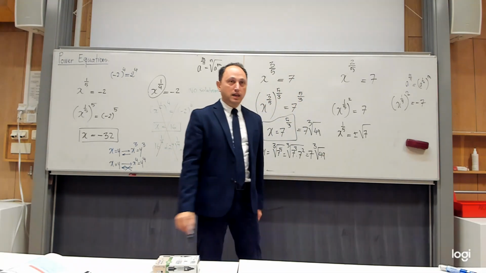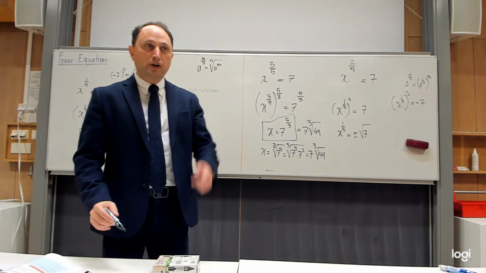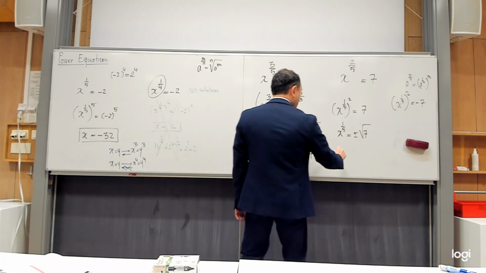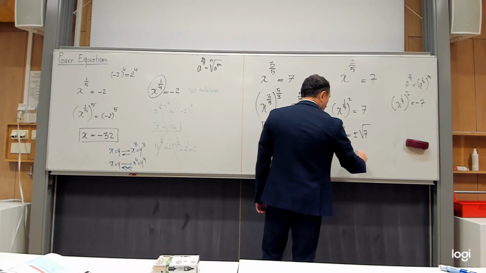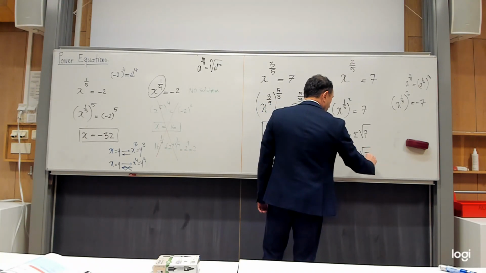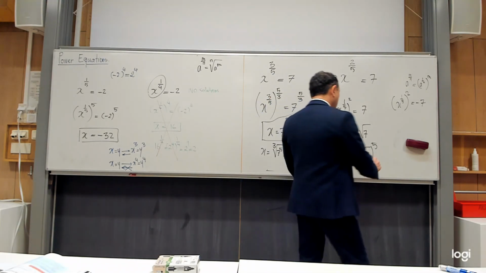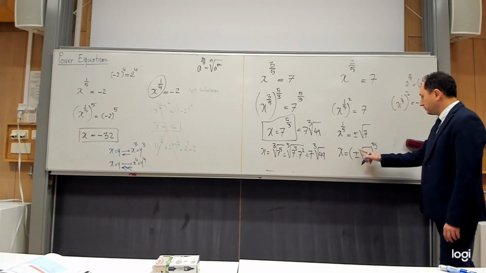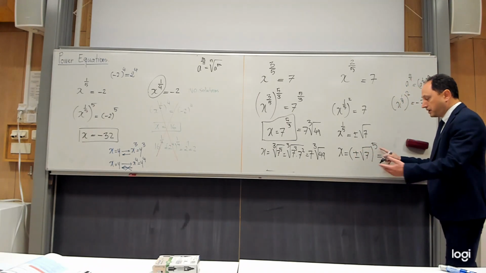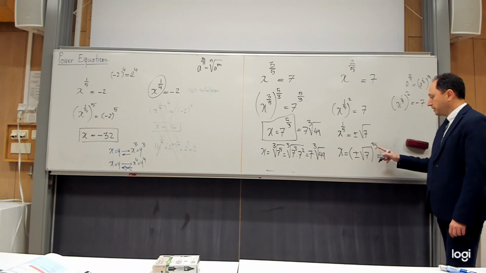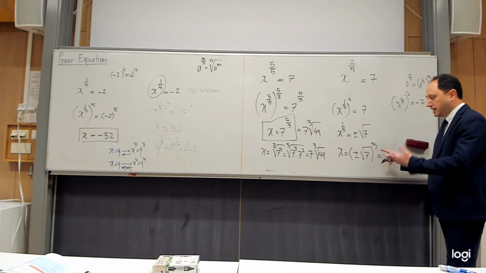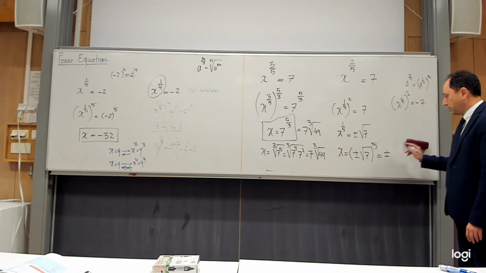Then I want to make x alone, so what should I do? I need to raise to power 5. So then what happens? x becomes plus or minus the second root of 7 to power 5. And then this makes sense. If it is positive to the power of 5, it remains positive. If it is negative to the power of odd number 5, it remains negative. So it becomes again plus and minus.